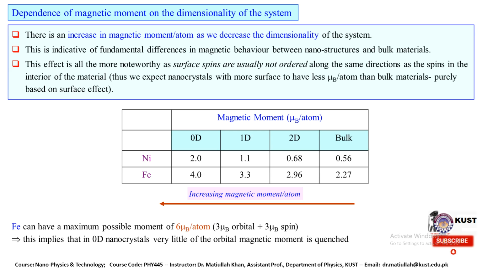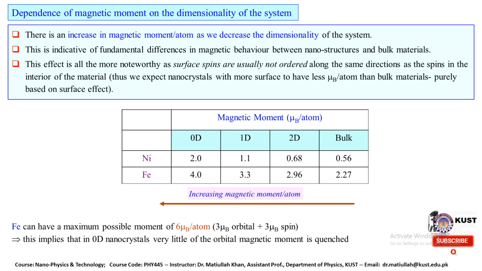Similarly, for Fe, at 0 dimension its magnetic moment per atom is 4.0. With the increase in dimensionality, its magnetic moment per atom reduces greatly and it becomes 3.3 for one dimensional, 2.96 for two dimensional, and 2.27 for bulk materials.